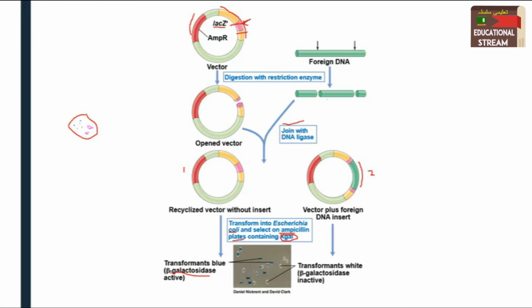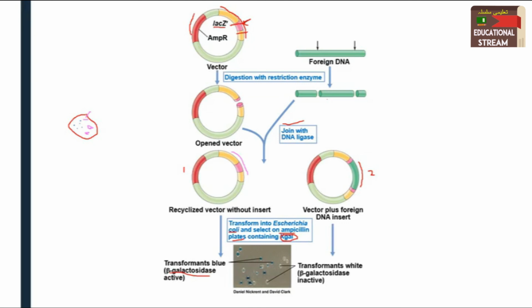So what is meant by these blue colonies and the white colonies? Blue colonies are due to the metabolization of the X-gal. It means that this LAC-Z enzyme is active. Why is this LAC-Z enzyme active? Because the foreign DNA fragment is not inserted into it and it has not disrupted its function.